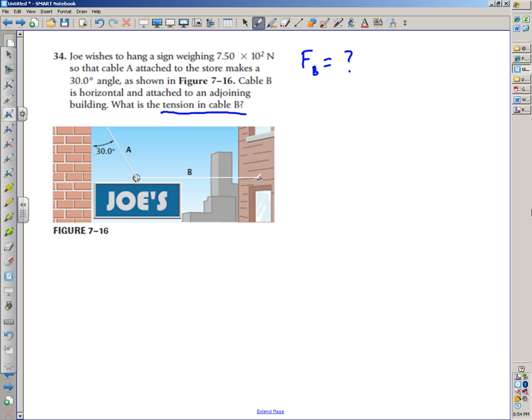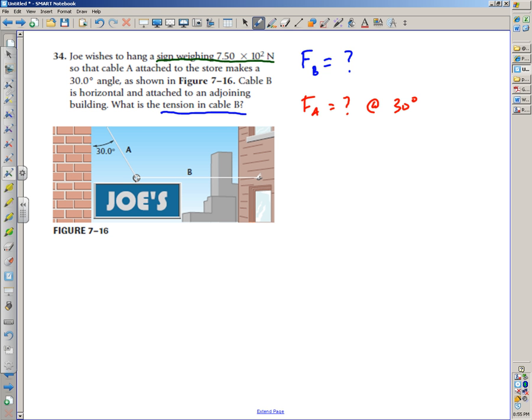There's a couple of things they gave us. First, they didn't give us force A, but they did tell us this angle right here. So we'll throw that angle in, and where it's 30 degrees from, we'll get into that in a second. But then the other thing that they gave us was that this sign weighed 750 newtons.